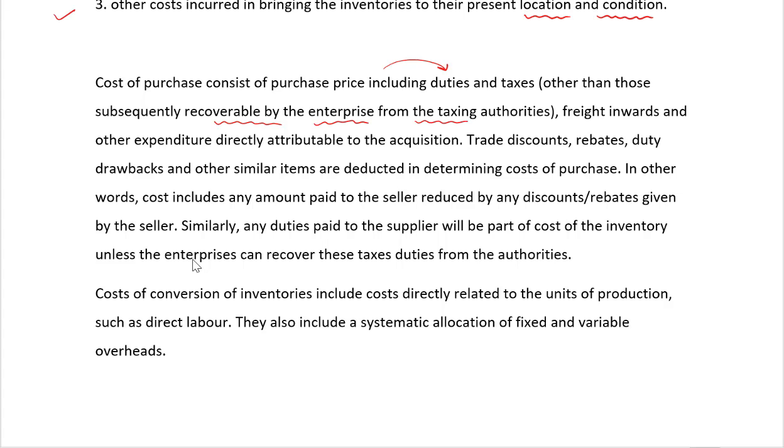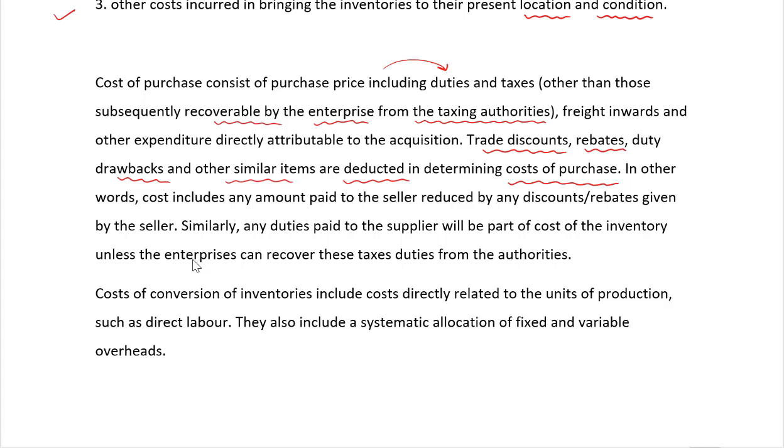This means that those duties and taxes which are recoverable by the enterprise should not form part of closing inventory. Freight inwards and other expenditure directly attributable to the acquisition. Trade discounts, rebates, or duty drawbacks and other similar items are deducted in determining the cost of purchase.